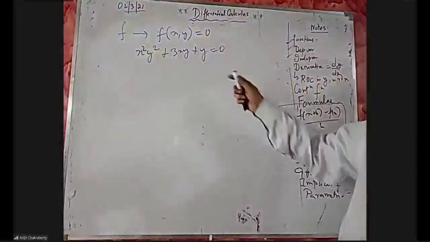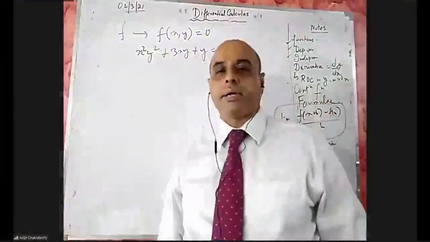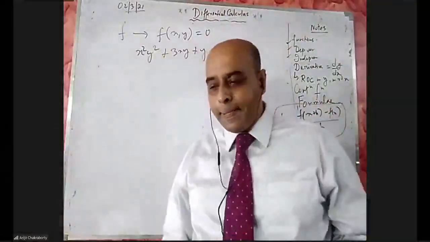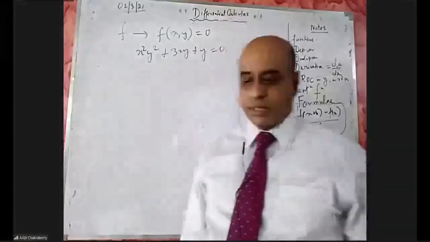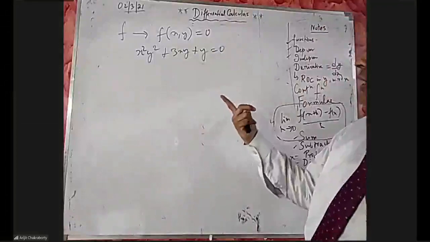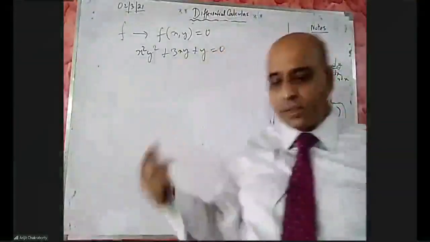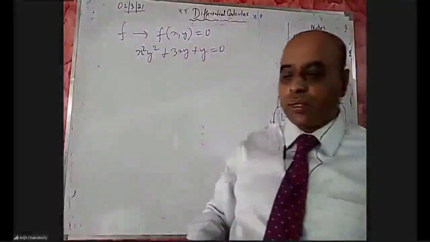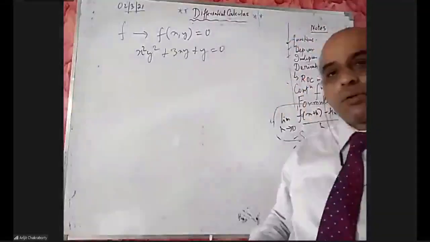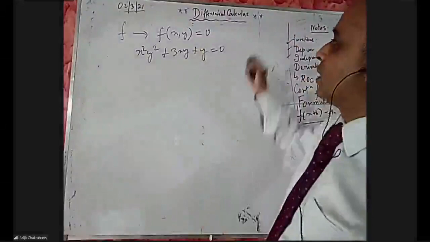Okay, so you can see from here, y cannot be separately defined as a function of x, right? x and y are combined. It's very difficult to define y as a function of x. In this case, we have to find out the differential coefficient. So this is called an implicit function.